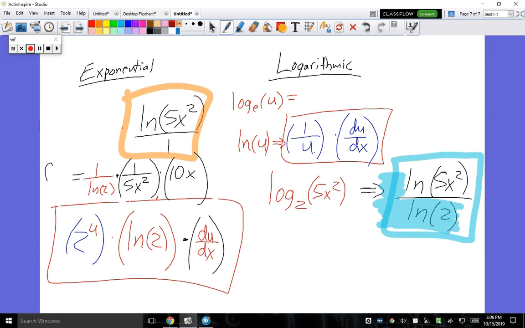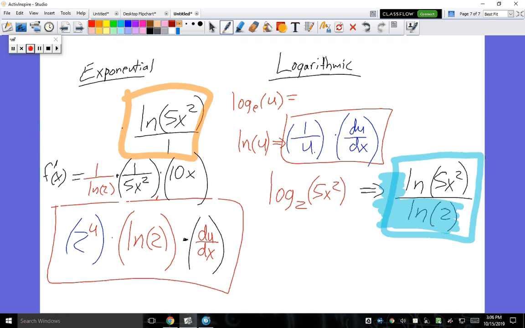This is the derivative for logarithmic functions where the base is something other than e. Basically, it's something other than natural log, because natural log is the easiest one. 1 over stuff times the derivative of stuff.